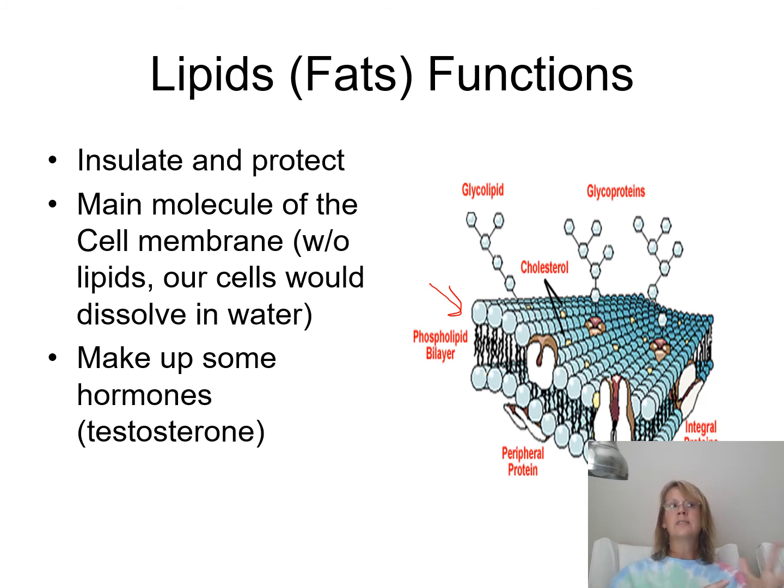Or how does your stomach talk to your large intestine? We make hormones, and hormones are chemicals that we use in order to allow cells to talk with each other. And some of the hormones that our bodies make, things like testosterone, estrogen, progesterone, these are steroids. Anytime you see steroids, a steroid is a hormone made from a lipid.